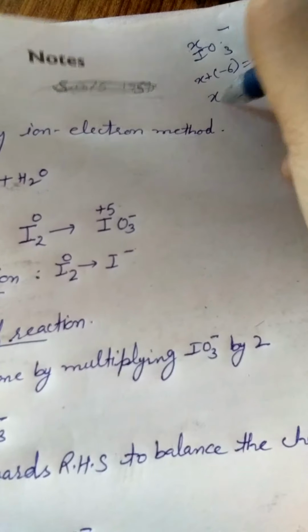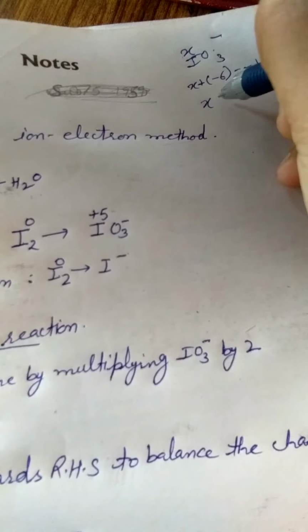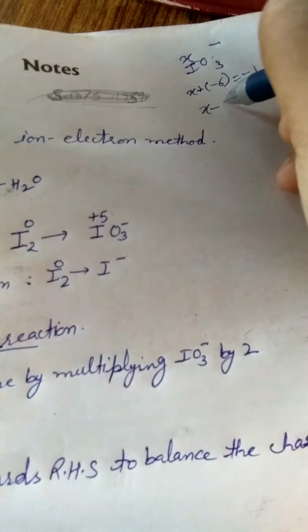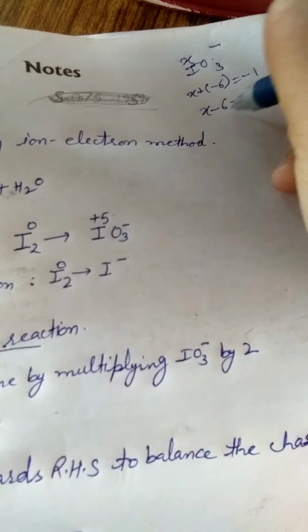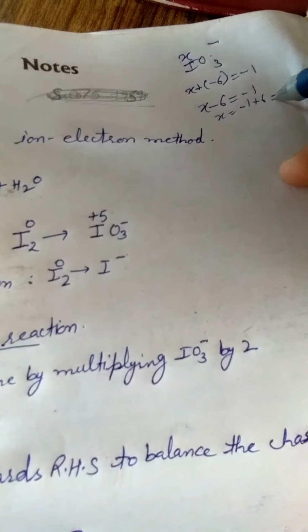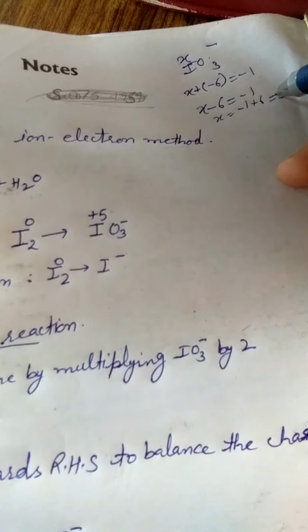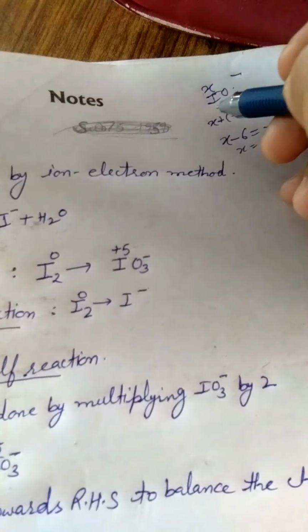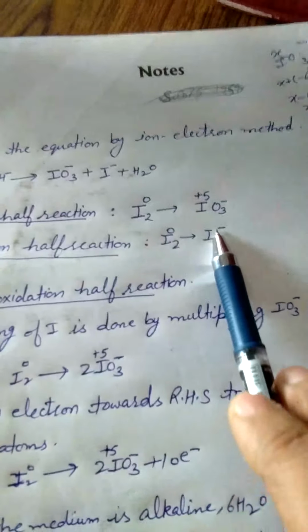So X is equal to -1 plus 6, which is plus 5. In this way we find the oxidation number of iodine, that is plus 5.